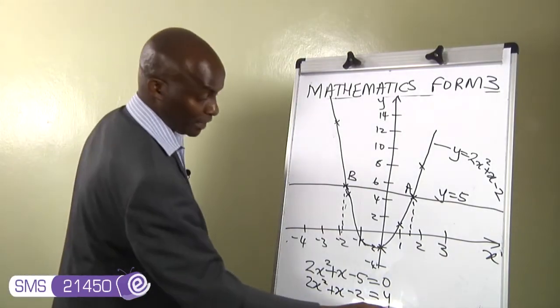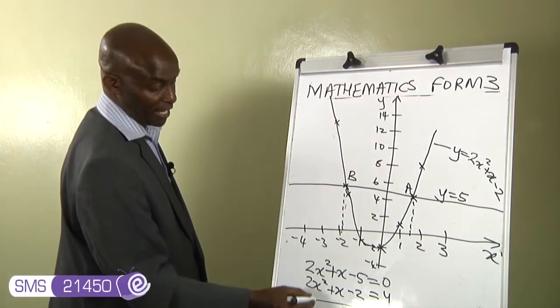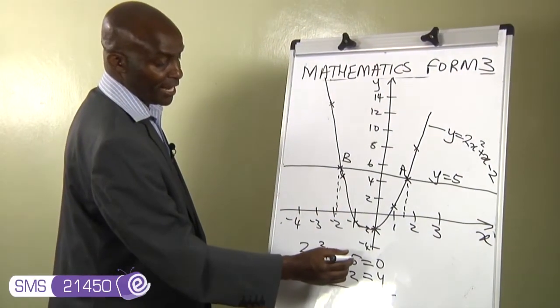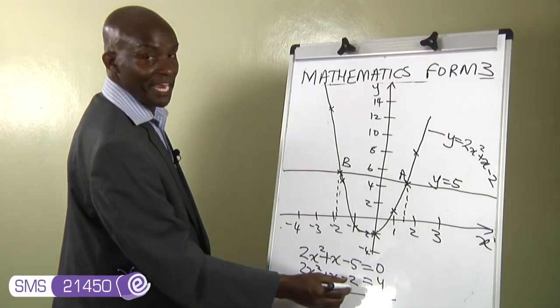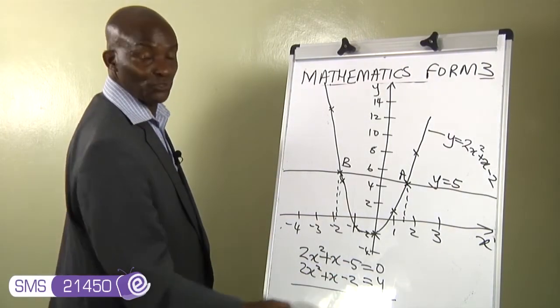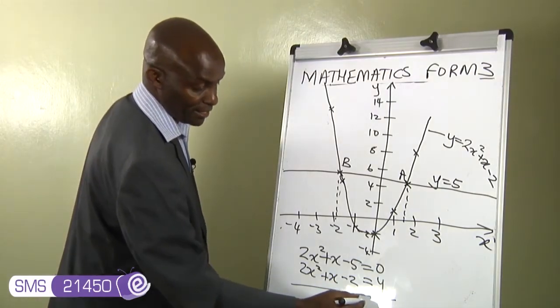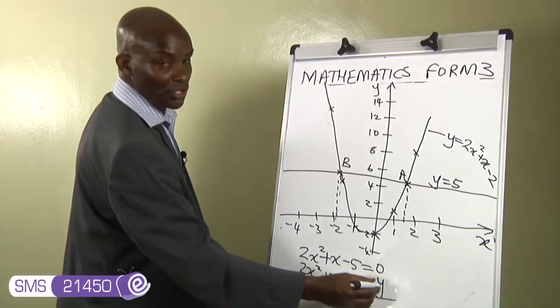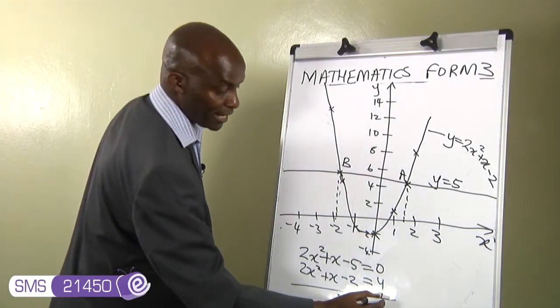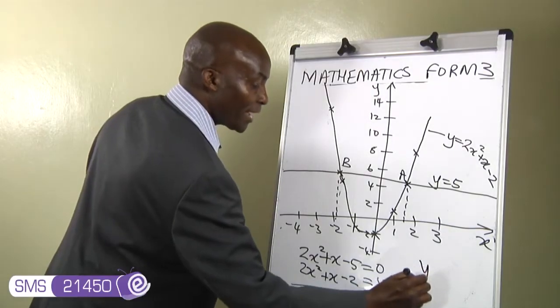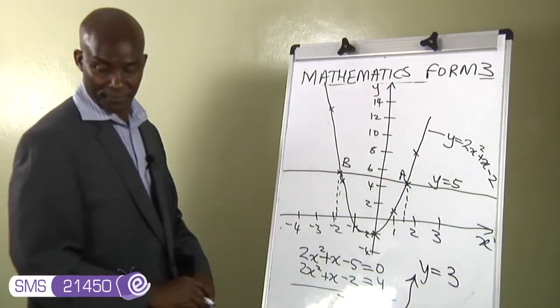Then I will say subtract. So here 2x squared minus 2x squared is 0. X minus x is 0. Negative 5 minus negative 2 should give you negative 3. And here we have 0 minus y, which is negative y, which brings us to y is equal to 3.